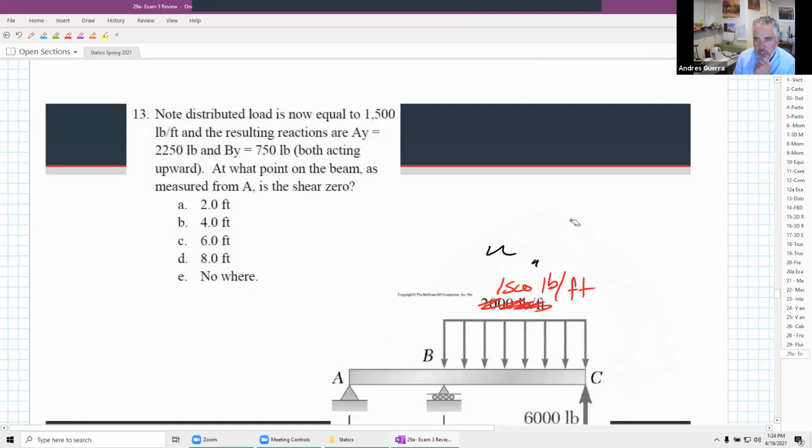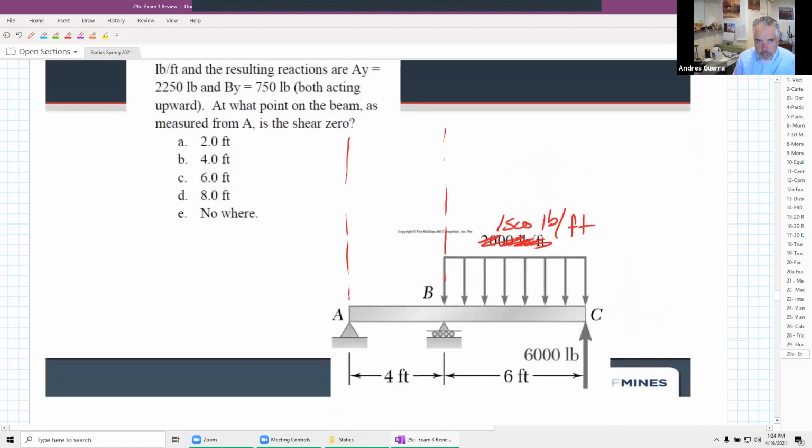Well, what does our general shear equation look like for this beam? Let's draw it directly above right here. So if we know this AY is equal to 2250, we know BY is equal to 750.